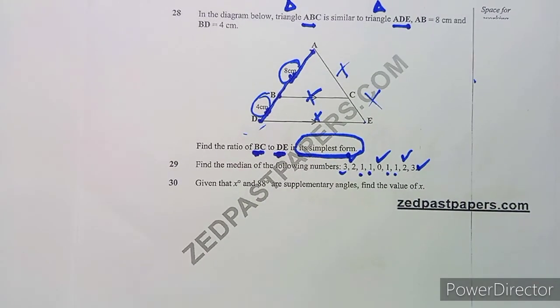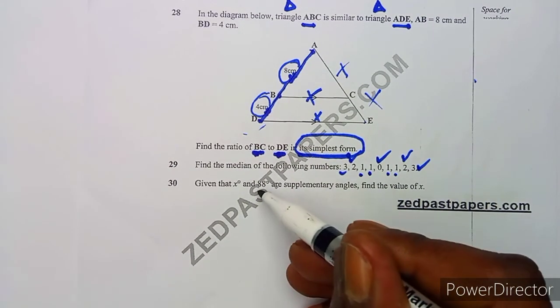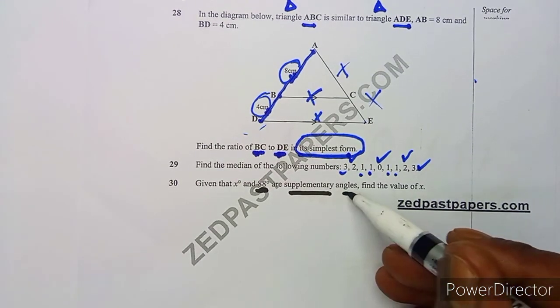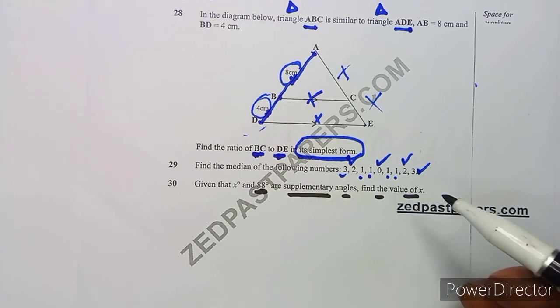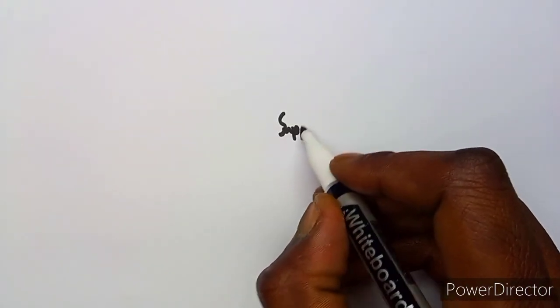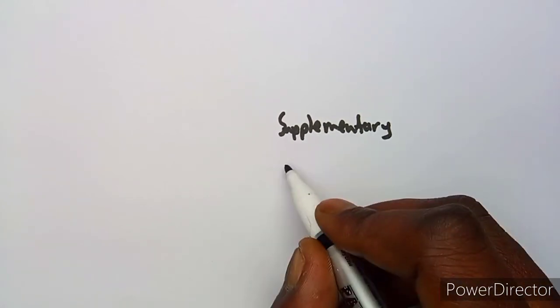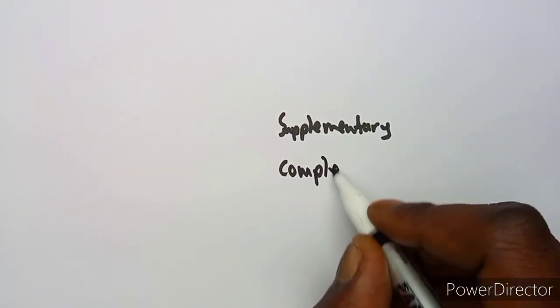Then, given that x degrees and 88 degrees are supplementary angles, find the value of x. Okay. What do we have here, guys? The first thing is to understand the word supplementary, and I think we talked about this. There are 2 of them, supplementary and complementary.